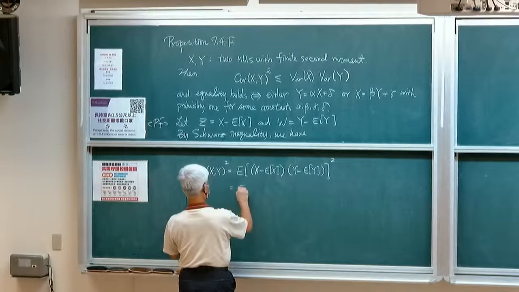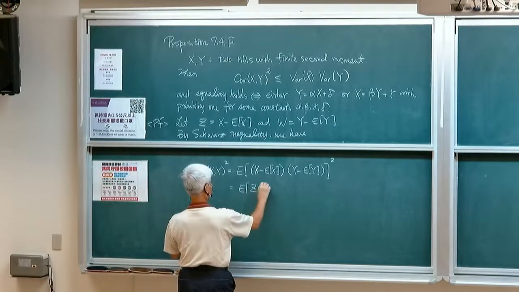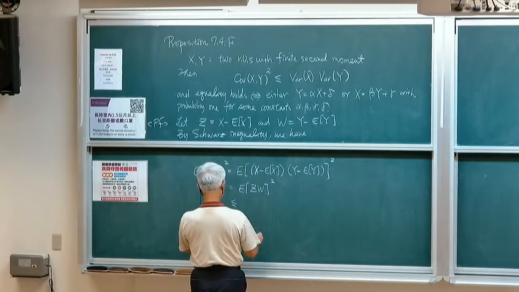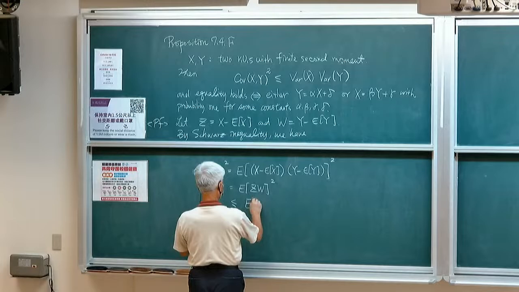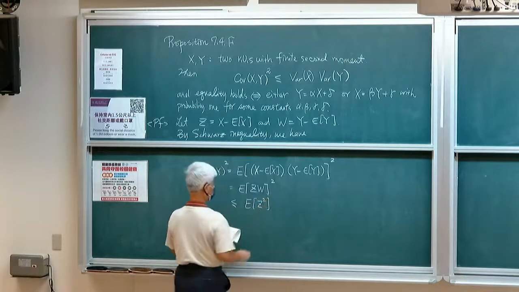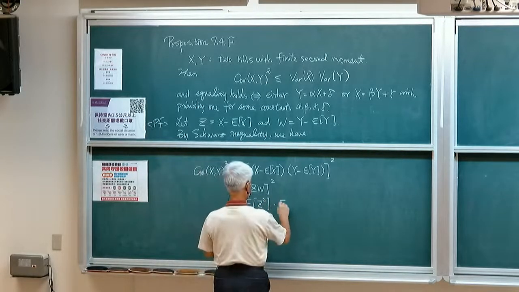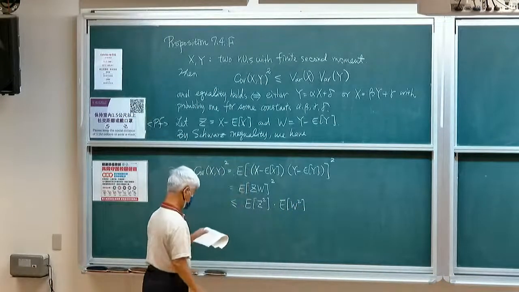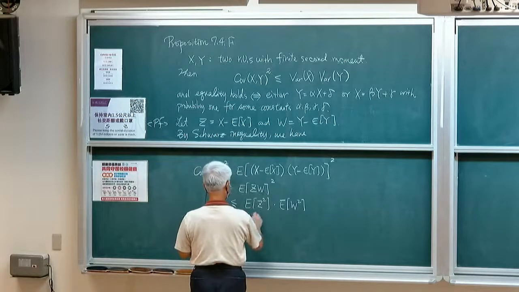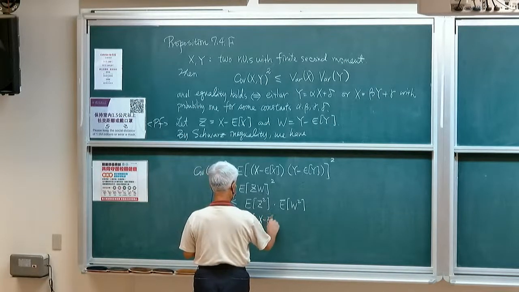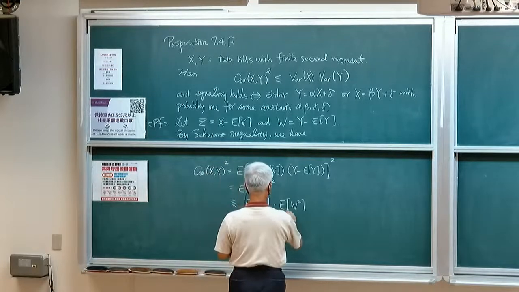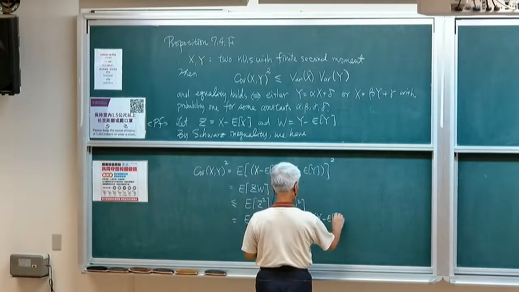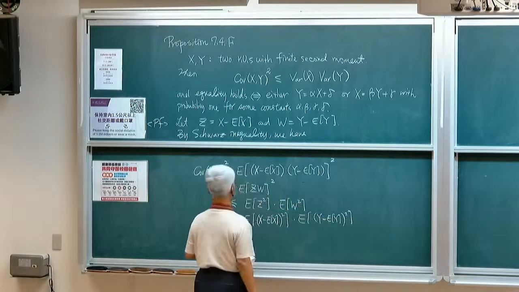So that is the expectation of Z times W, squared. And Schwarz's inequality says that this is less than or equal to the second moment of Z times the second moment of W. And we know this is the expectation of X minus expectation of X squared, times the expectation of Y minus expectation of Y squared.